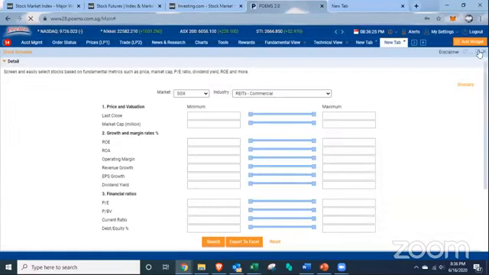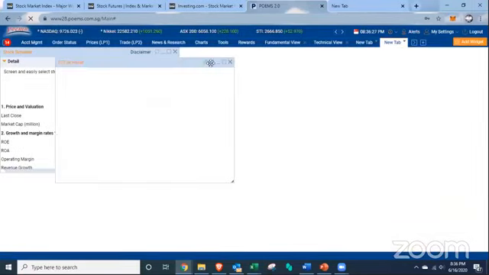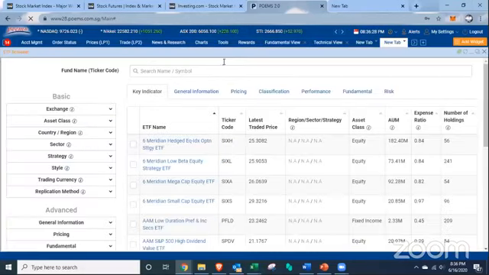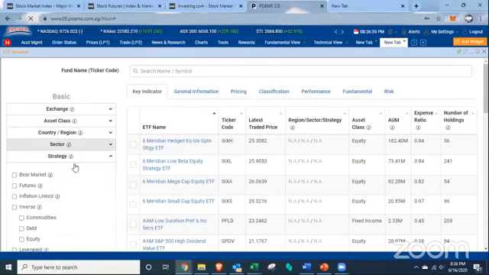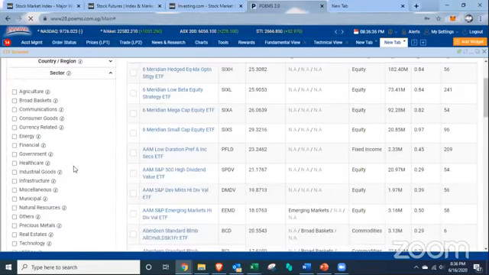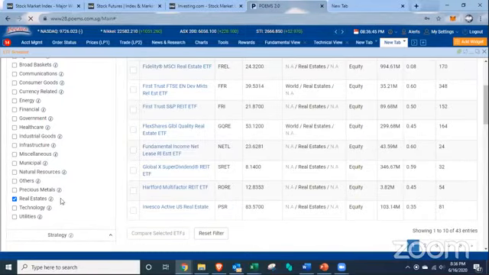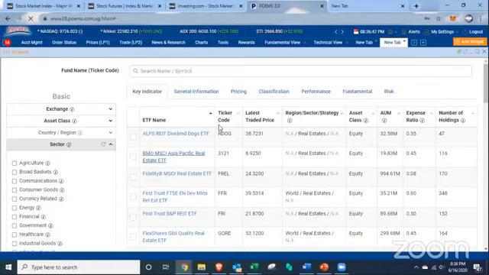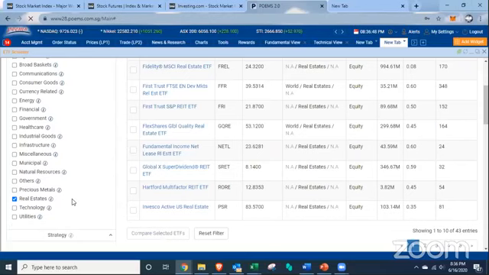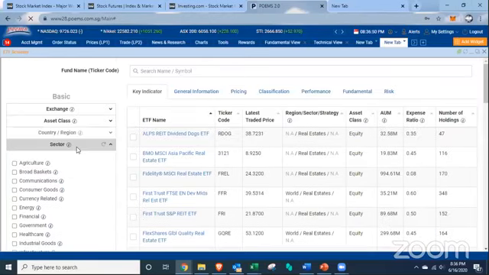Another way is the ETF screener. For example, maybe you are interested in a certain sector, let's say the properties sector, and it provides you the whole list of stocks related to that sector.